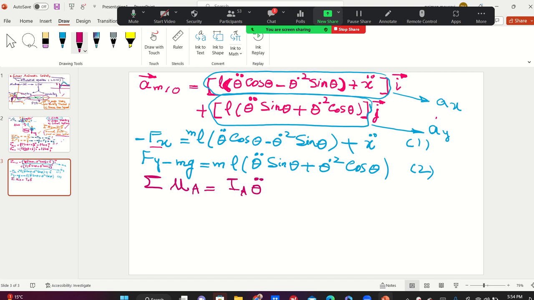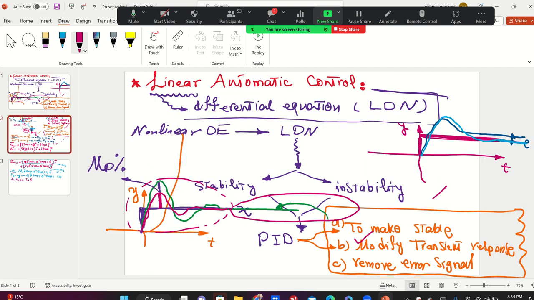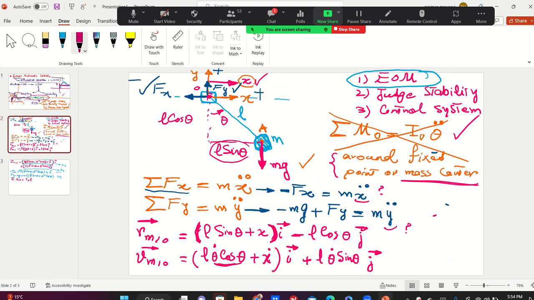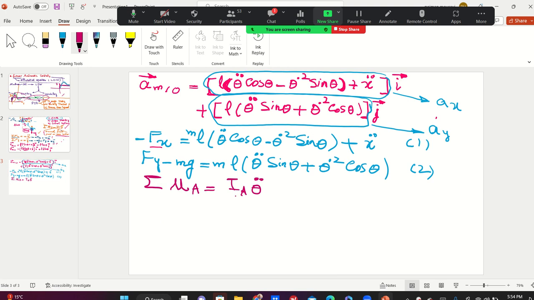Because we need three equations to eliminate fx and fy, and we derive the equation of motion. Guys, I told you this is a particle pendulum. What's the mass moment of inertia of a particle pendulum around its own mass center? IA, how much is this?